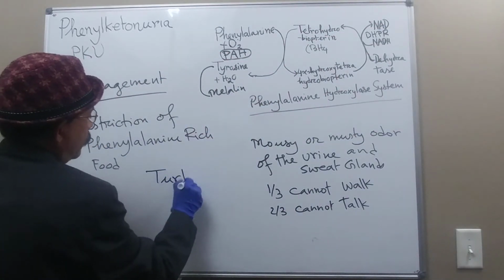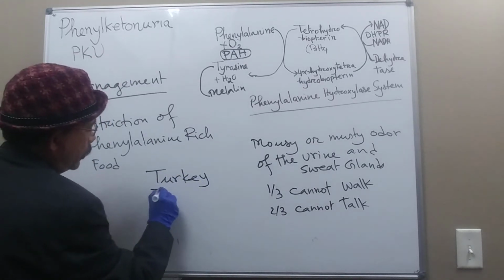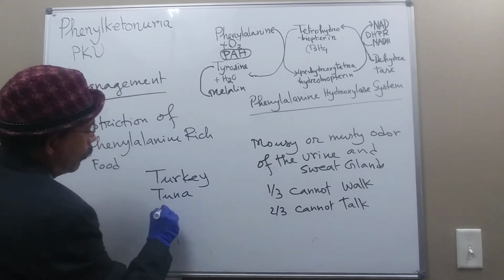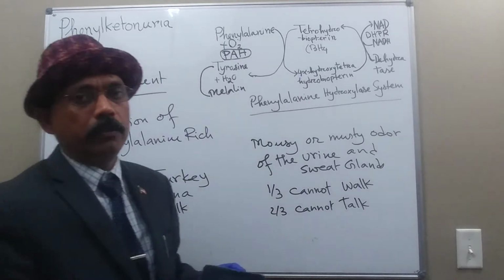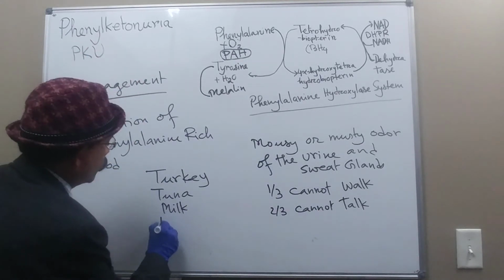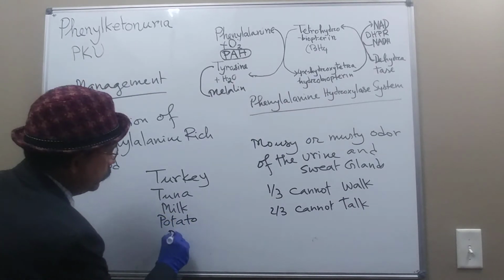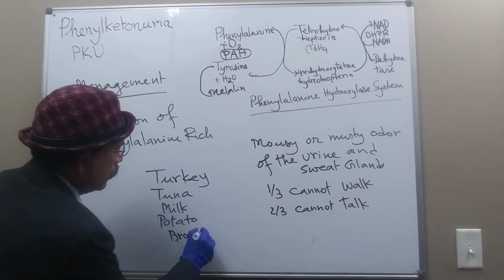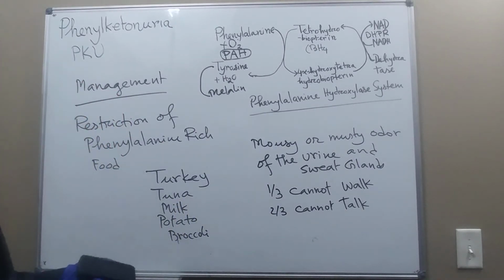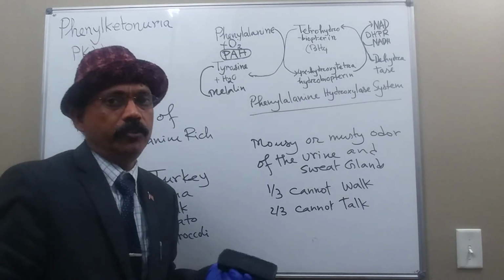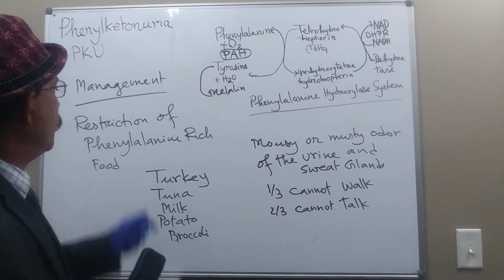Turkey meat, tuna fish, all types of meat including breast milk, even potato, broccoli. So it is a long list. Even some desserts like gelatin dessert may contain a high level of phenylalanine.